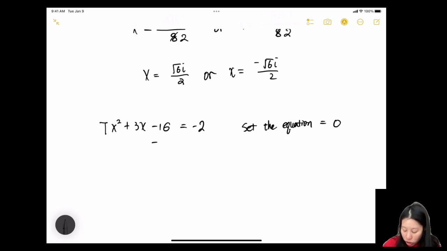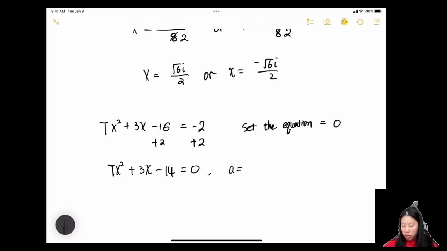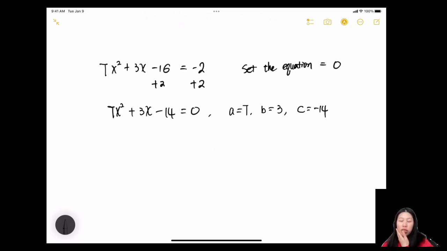That means you need to add 2 on both sides. So I have 7x squared plus 3x minus 14 equals 0. Now we can identify a equals 7, b equals 3, c equals negative 14. That's really important. Don't forget the sign, because that will change the solutions.